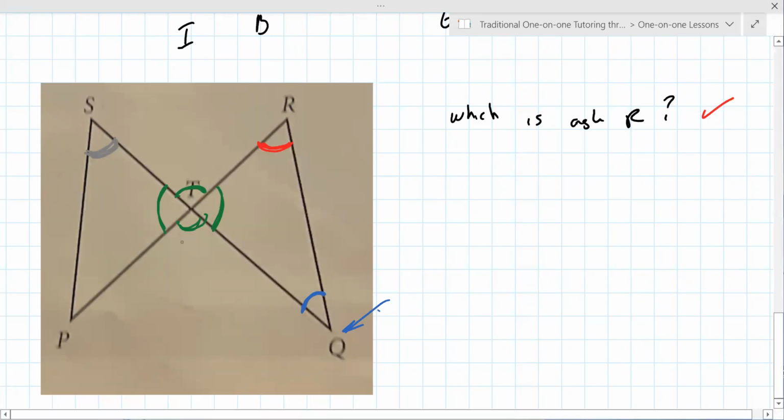It's the same problem here. If you say T, I don't know if you're referring to this one, this one, this one, or this one. But if I say R, I know it's the one up here. If you say Q, it's the one down here. Does that make sense to you? Yeah.